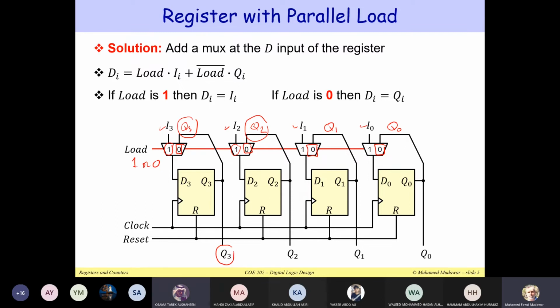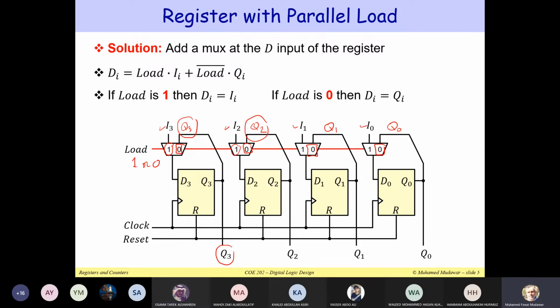So, Doctor, if the load is 0, we are doing nothing, right? Exactly. What we are saying is don't load anything. So during this cycle, we don't want to load. Next cycle, I would like to load. I would like to control whether to load or not to load. This is very important in sequential circuits.